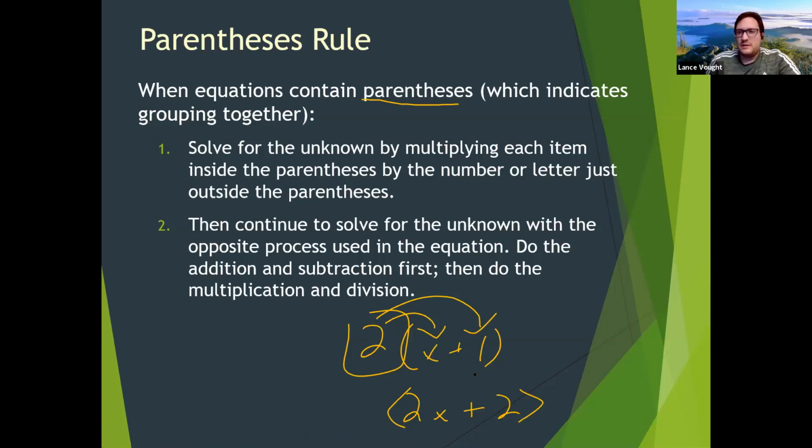Once that's done, then you just go and solve it like the other equations that we just did. So the parentheses rule says, okay, I'm going to scale this through, and then I'm going to work with trying to find what x is now. Sometimes it may be that this cancels out. So maybe if you get like 2 times x plus 1 divided by 2, these 2's cancel out, and then it's just x plus 1.